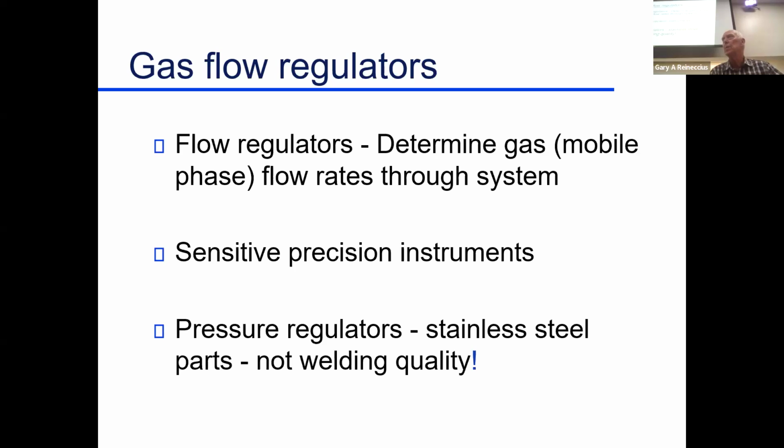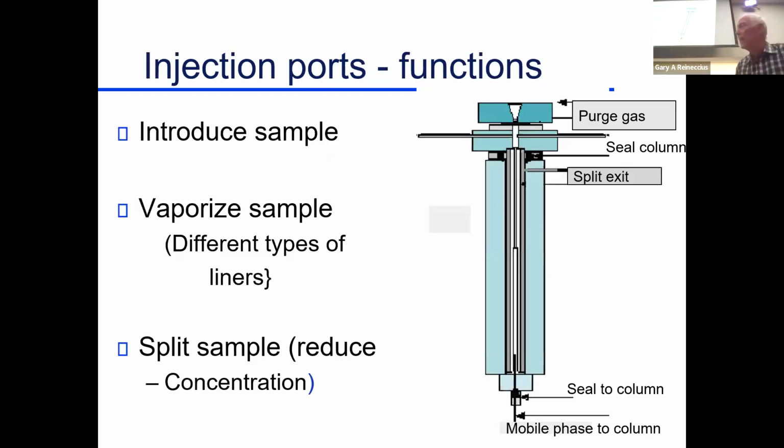They are precision instruments that come at a fairly decent cost, unfortunately. So we can not contaminate the sample with our pressure control systems. They are good stainless steel, not welding quality, but equipment instrument quality.